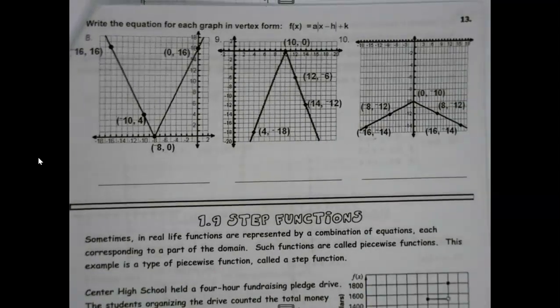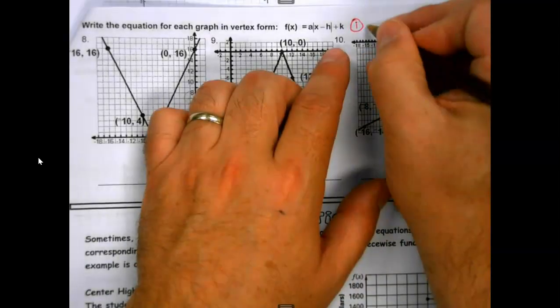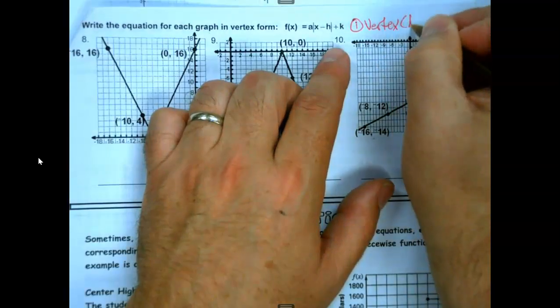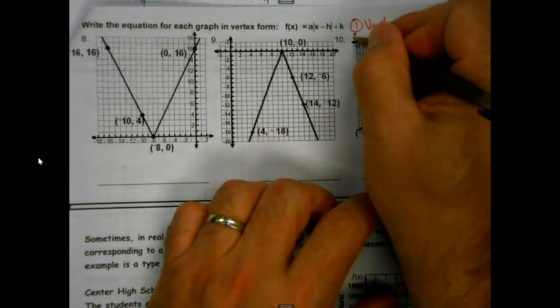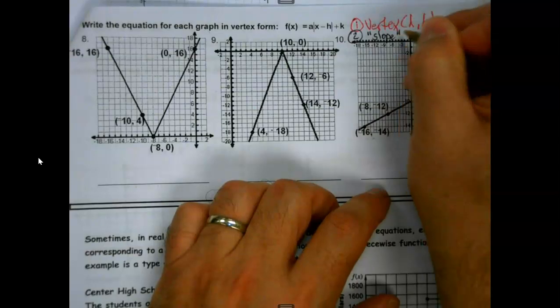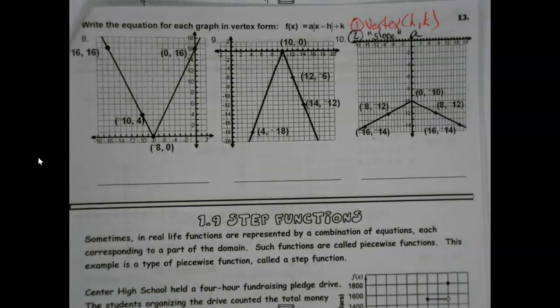To do this, I need 2 things. I need to know the vertex, because that's going to give me H and K. And I need to know the air quote slope, because that's going to give me the A value. And you're always going to be able to get that information directly from the graph.